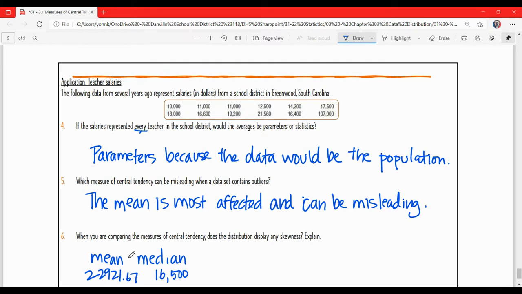So the mean is greater than the median. If the mean is greater, that means the mean is going to be closer to the tail, which means the median is going to be on the left. And so it's going to be right-tailed or positively skewed.